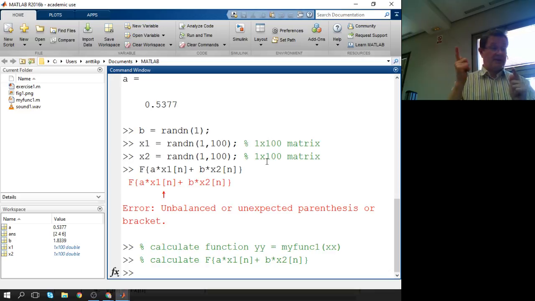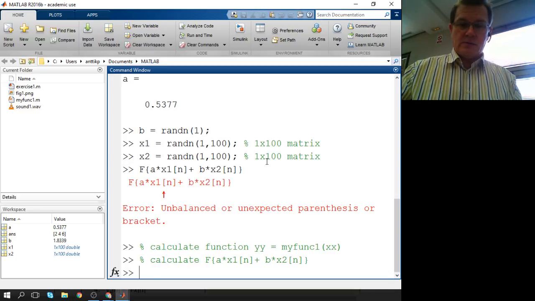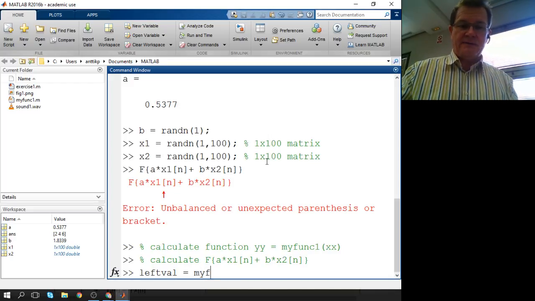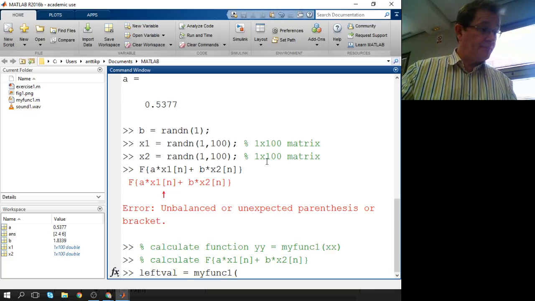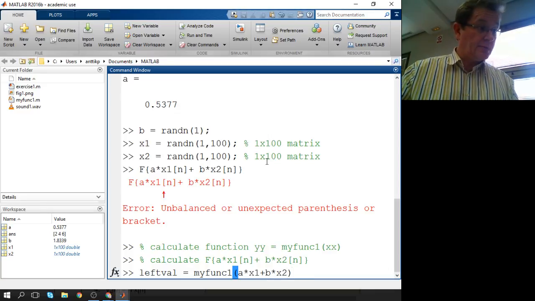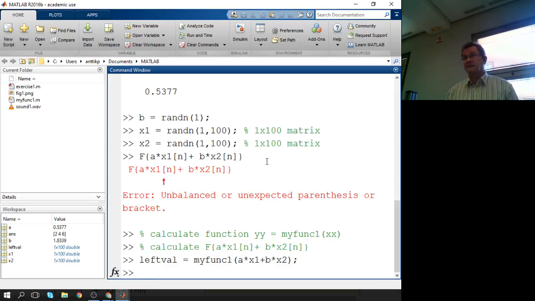So we have my function there. Let's see, left val equals my func1 of a times x1 plus b times x2. This is quite simple there. That's the left hand side.